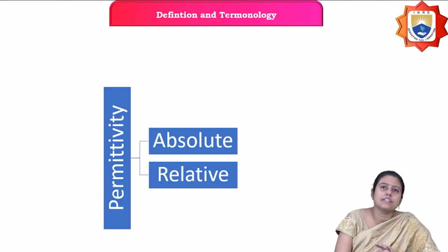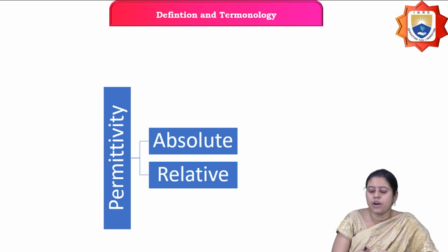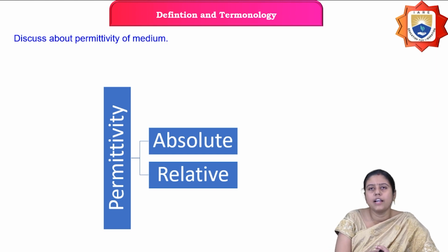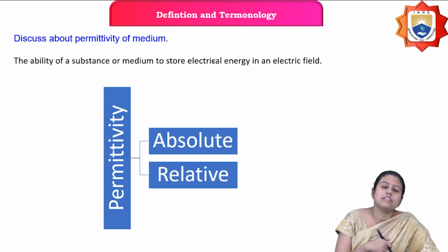Next, we will discuss permittivity. What is permittivity? Permittivity is basically of two types: one is the absolute permittivity, another one is the relative permittivity. The definition of permittivity is the ability of a substance or medium to store electrical energy in an electric field.